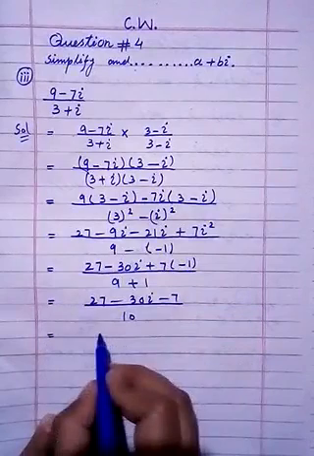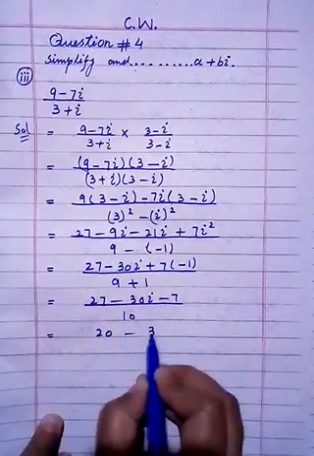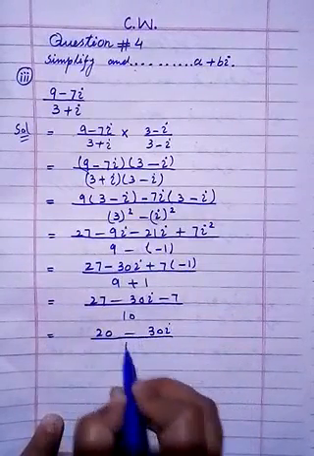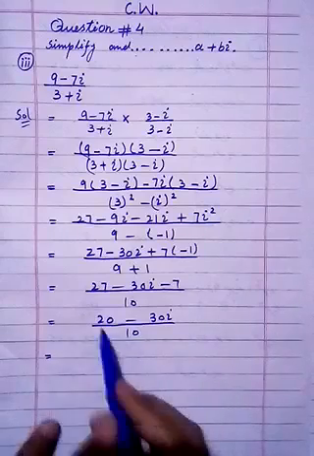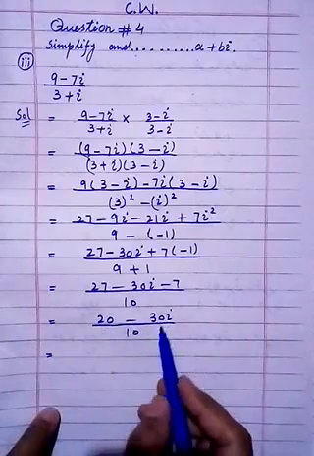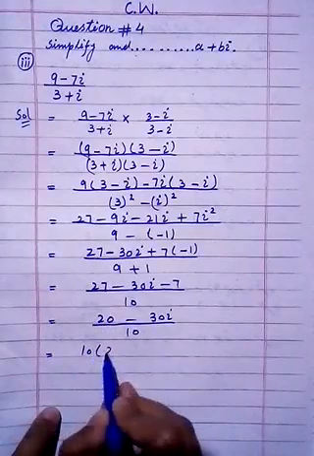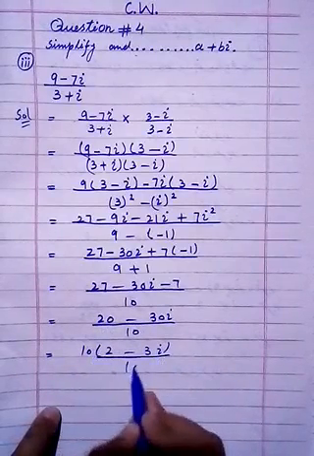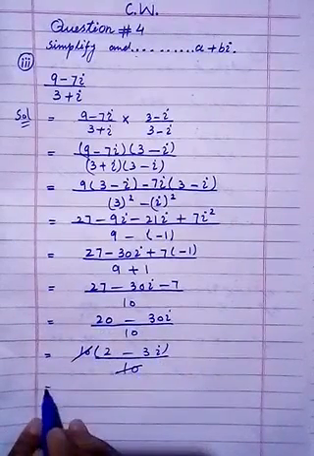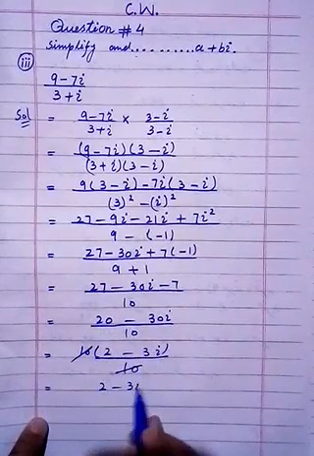Now 27 minus 7 is 20, minus 30 iota, divided by 10. Now taking 10 as common, inside 10 times 2 is 20, 10 times 3 is 30, divided by 10. It will be cancelled with 10. Now its answer is 2 minus 3 iota.